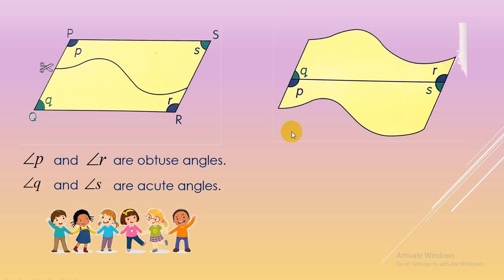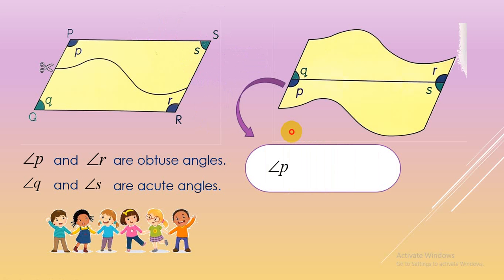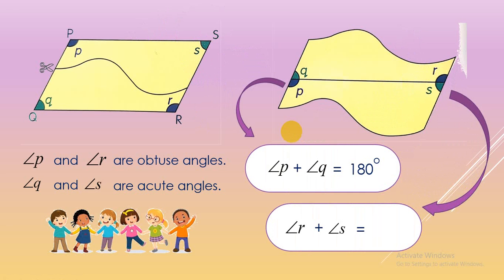Now we can say that angle P and angle Q add up to 180 degrees, or the total is 180 degrees. And angle R and S add up to 180 degrees. So the total of two angles is 180 degrees. Look at this one. Angle P obtuse, angle Q acute. Obtuse and acute add up to 180 degrees.